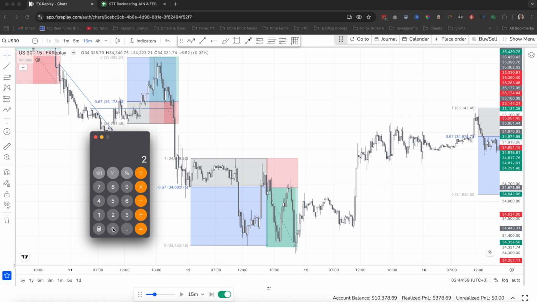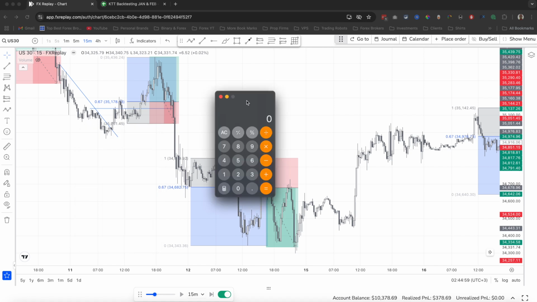So we won 3 and we lost 4. Because the risk to reward is 1:2, 200 multiplied by 3, right?